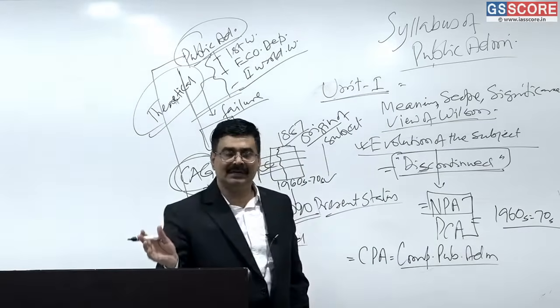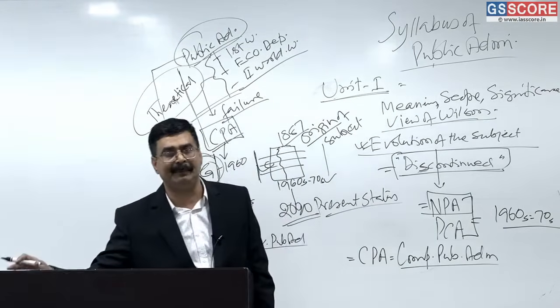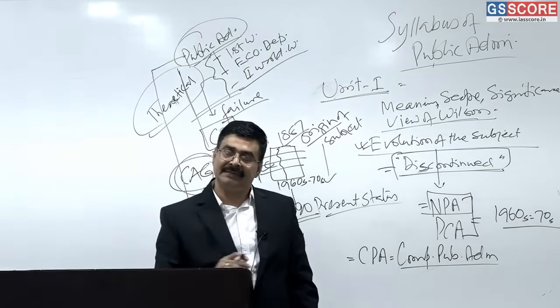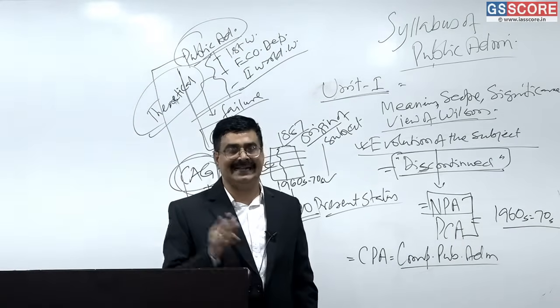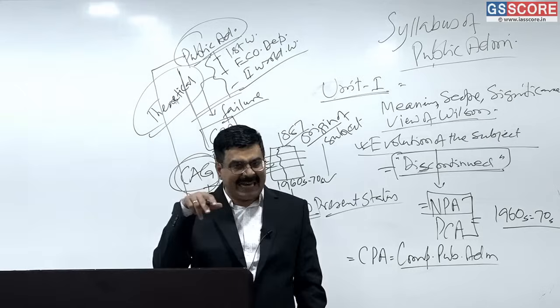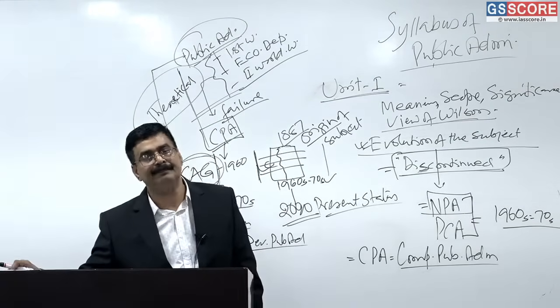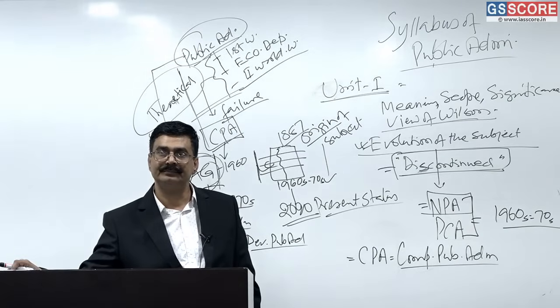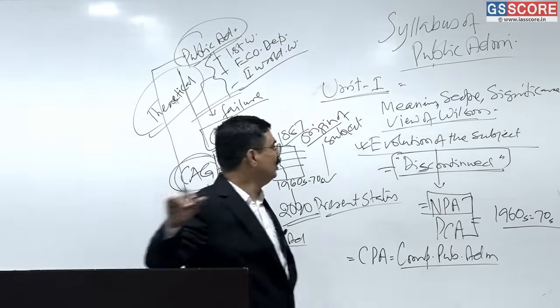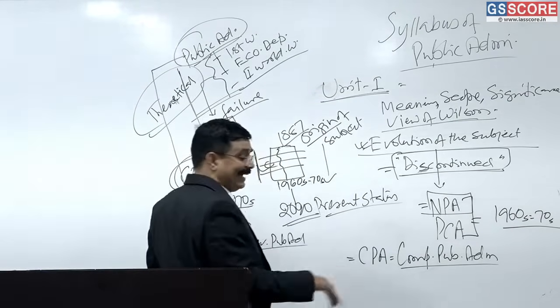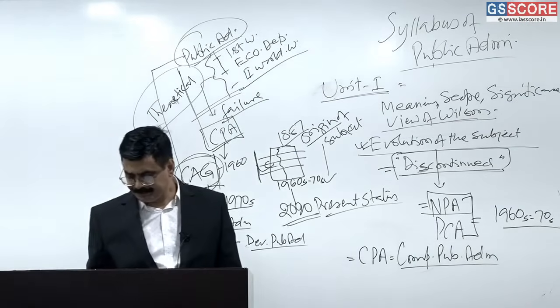You can download the brochure of public administration from GS Score's website. Therein you will be able to find out these arrangements identified for the classroom program. And so we find that the rearrangement is required.